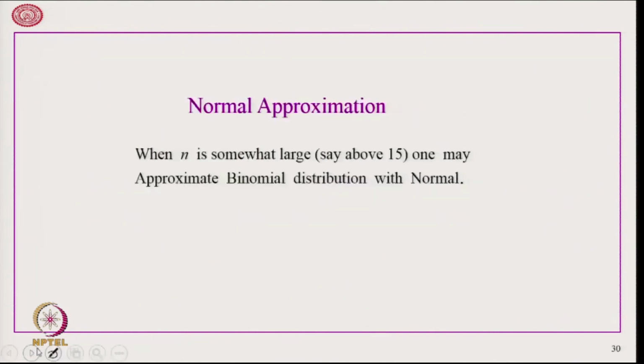Now, we can do normal approximation, because we know from the central limit theorem that if the number of observations is somewhat large, then we can approximate it with normal. In this case, typically if the value is greater than or equal to 15, then we try to approximate the binomial distribution with a normal distribution.